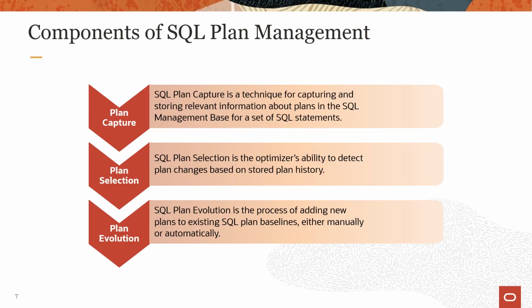Now, what are the components of SQL Plan Management? There are actually 3 major phases. You have on one hand the plan capturing. And the SQL plan capturing is a technique for capturing and storing relevant information about the plans in the SQL management base for a set of SQL statements. Because, of course, if you want to compare execution plans, you must have a mechanism to capture those execution plans.